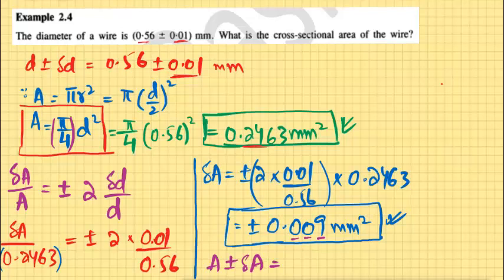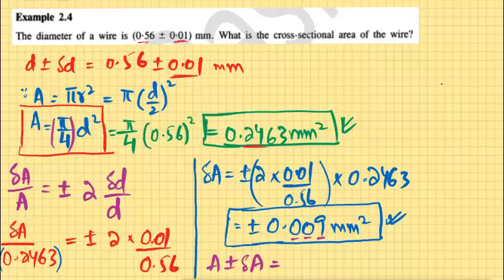Always remember, we will round off the uncertainty to one significant figure only. Now after rounding it off, I see how many decimal places I have in the uncertainty. I have a total of 3 decimal places, 009, in the uncertainty.